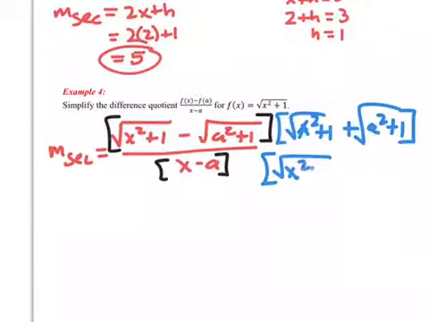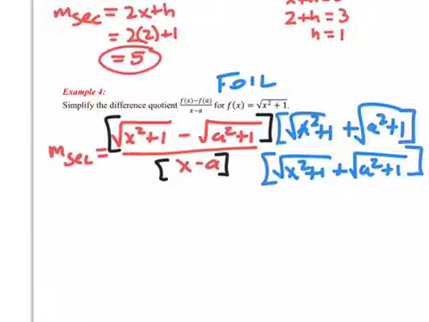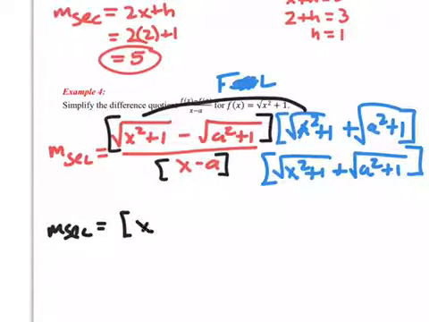So we've got conjugates in the numerator, and what's nice about conjugates is that when you multiply them, we're going to FOIL, but really we're just going to FL because the outside and inside will cancel. So the numerator will be square root of x squared plus 1 times itself, which will be x squared plus 1, minus the square root of a squared plus 1 times itself, which would be a squared plus 1.